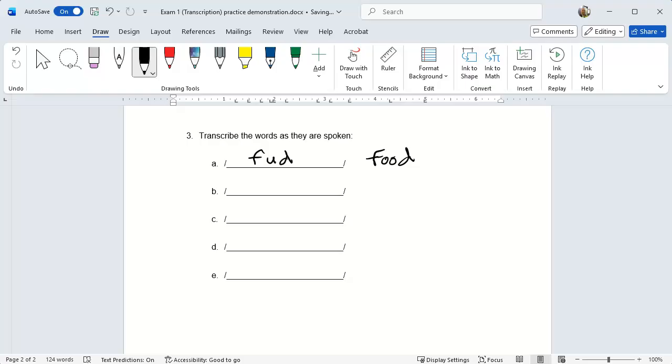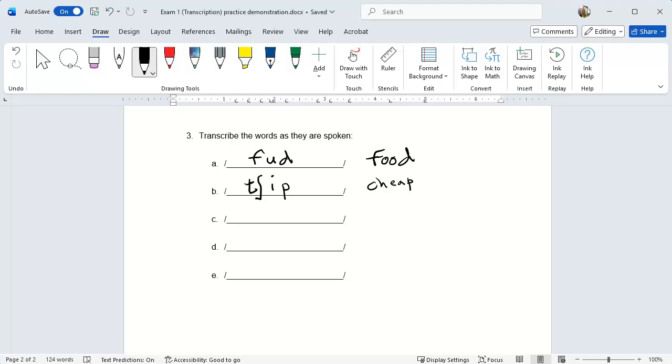Next word we could have cheap, cheap, which would be spelled like that. And for your actual exam, you can feel free to write regular spellings or other things outside of the slashes. All I'm going to look at for grading purposes will be what's inside of the slashes, which in the case of cheap is our ch, our e vowel, and our p.